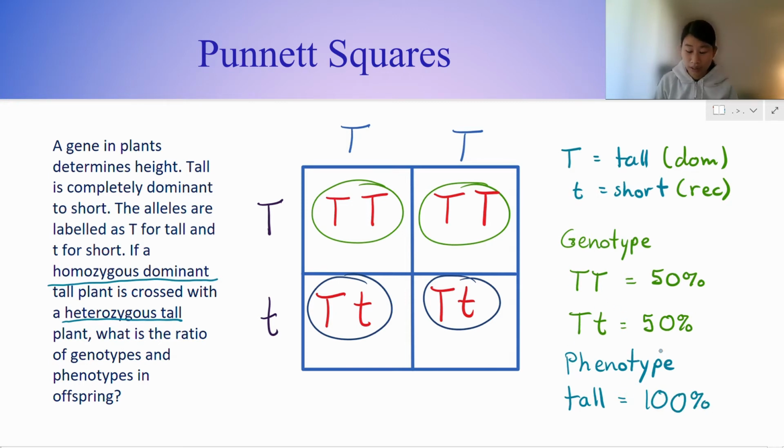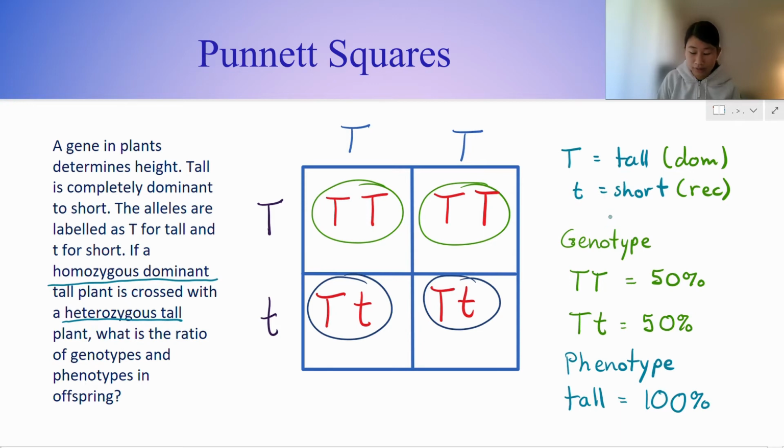For the phenotype, I would recommend looking at each genotype and asking, what phenotype does that give? So how do we know it's tall? Well, if we have at least one dominant allele, that's going to be the phenotype that's expressed. And we know that large T equals tall. So if you have at least one dominant allele in this problem, you're going to be tall.